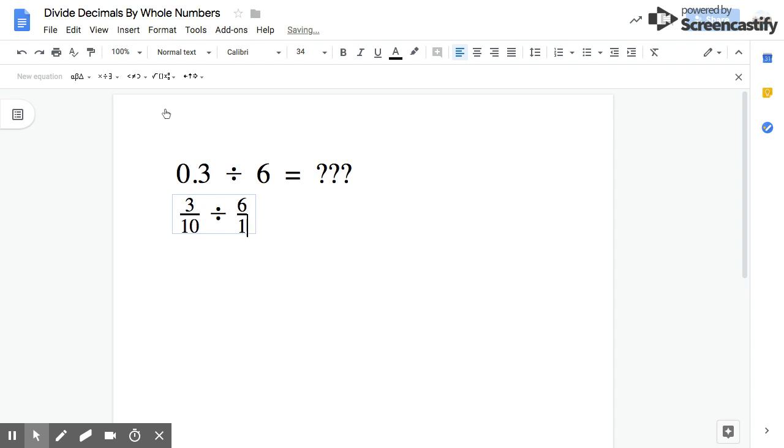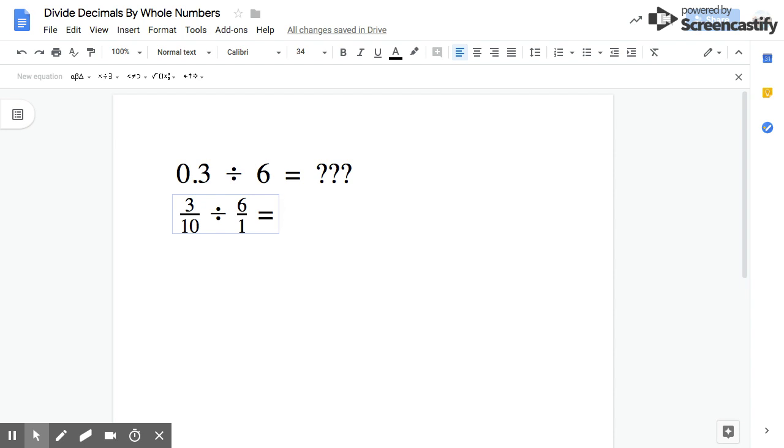So just like with multiplication, you're really going to divide across the numerator and across the denominator. So 10 divided by 1 is 10. 3 divided by 6 is, well, you may have already had this thought that 3 divided by 6 is 1/2. And that is definitely true.